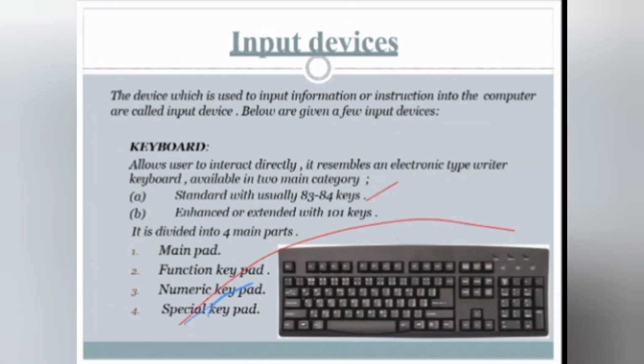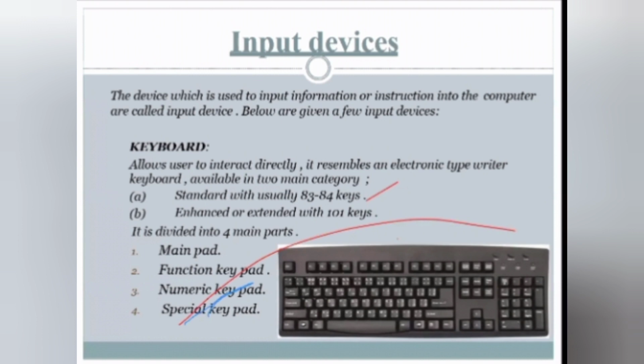Next we have the keyboard. Basically the keyboard has 83 to 84 keys, and in the advanced ones we have extended keys also. The keys are mainly divided into four: main pad, functional keypad, numerical keypad, and special characters.